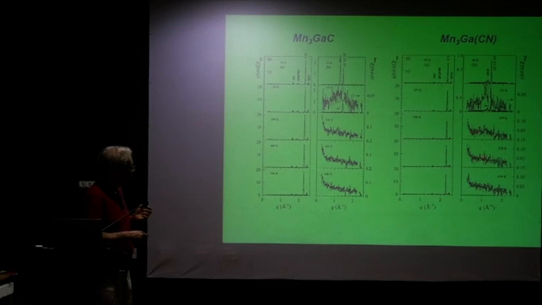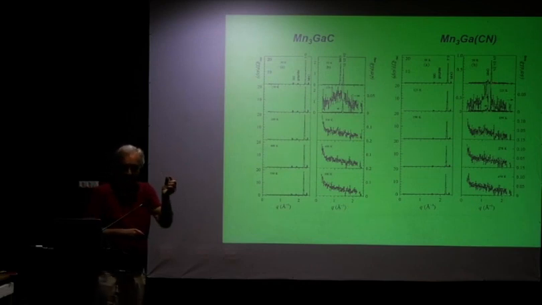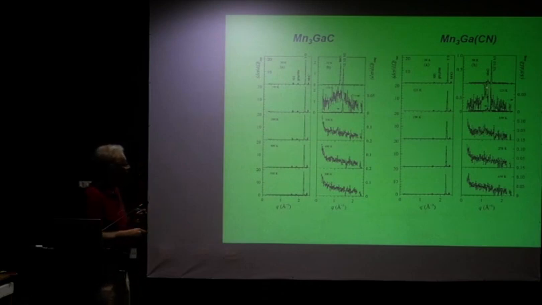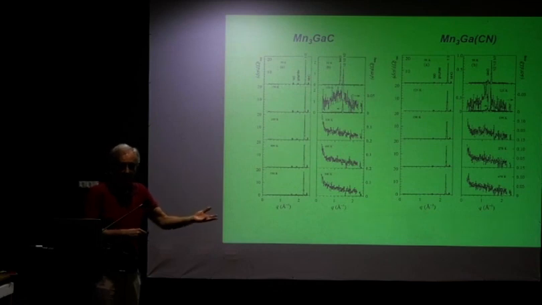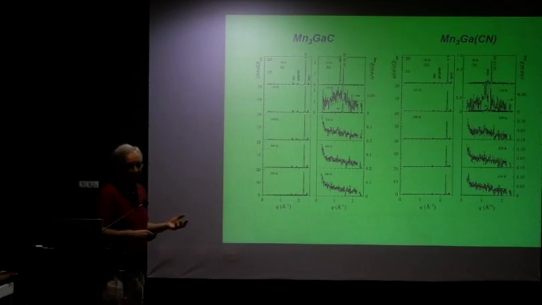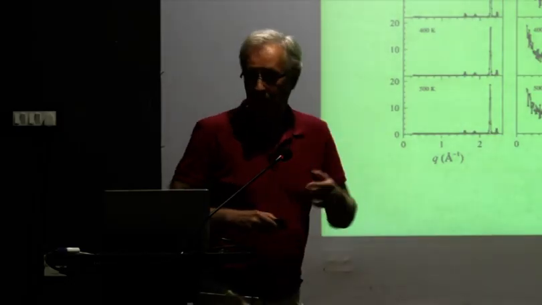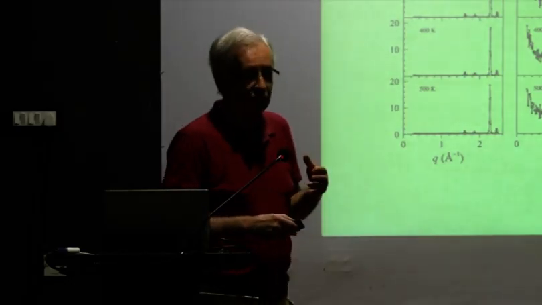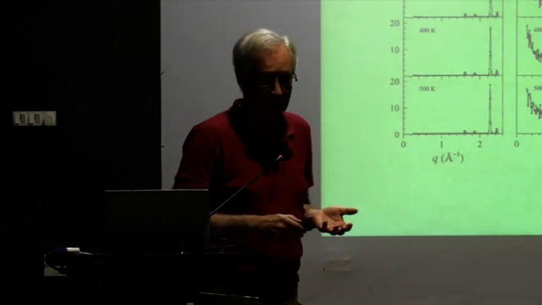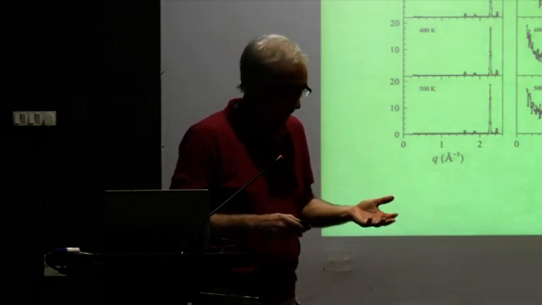You see this bump coming up, which is eventually becoming a peak when the ordering occurs at the antiferromagnetic transition. Okay? So in this case, you have a transition from an antiferromagnetic state to an enhanced paramagnetic state.